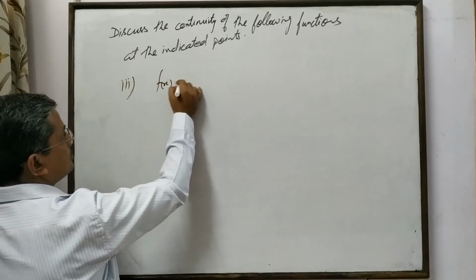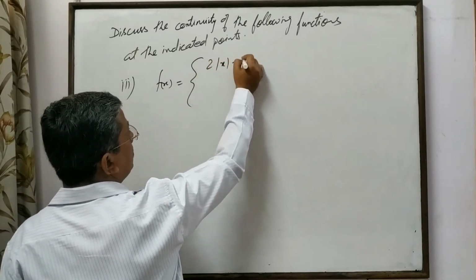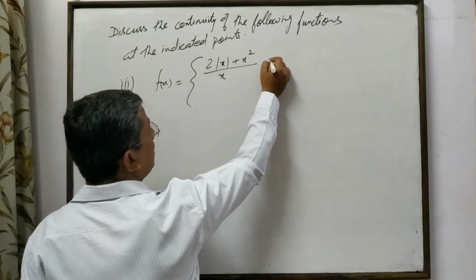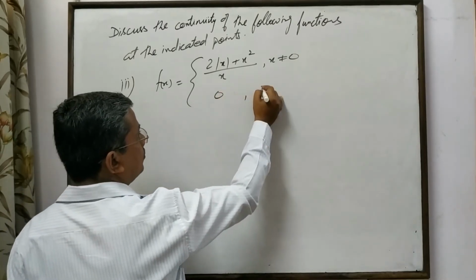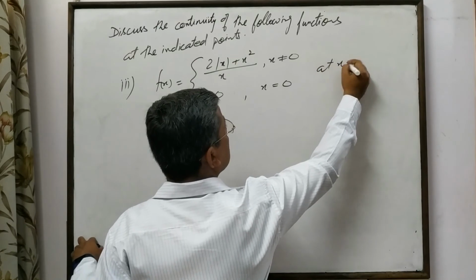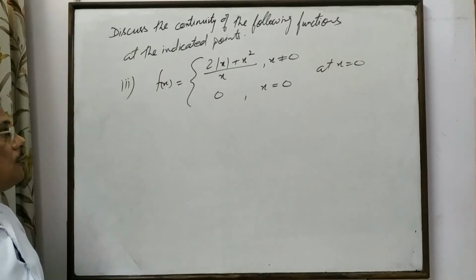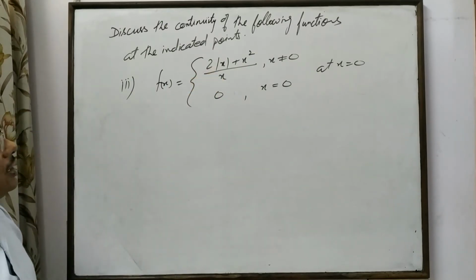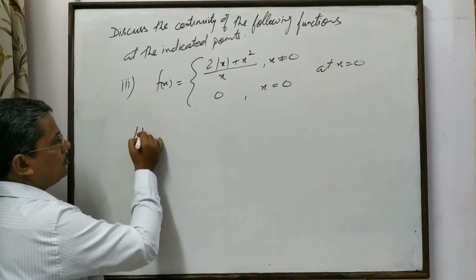F of x is equal to 2 times mod x plus x square upon x when x is not equal to 0, and 0 when x is equal to 0, at x equal to 0. Since the modulus function is involved, mod x is there, so we will calculate left hand and right hand limits separately.